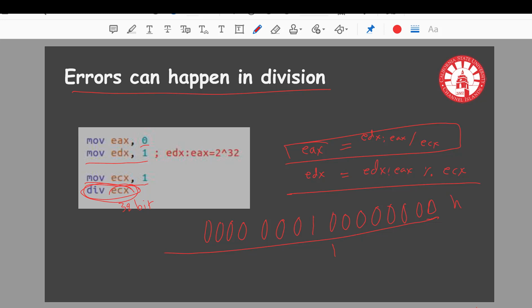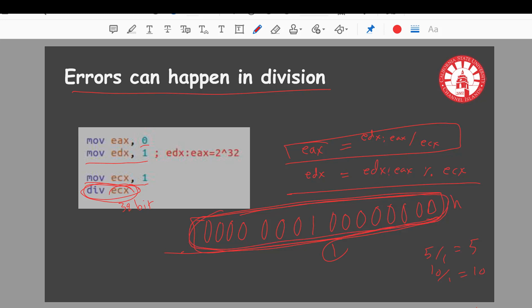So when you call divide, ECX is going to divide this value by 1. Whatever this value is, it's going to remain, because the quotient is going to be equal to that. For example, when you divide 5 by 1, the result is 5. 10 by 1, the result is 10. In this case, when you divide this number by 1, your result is going to be this number again.